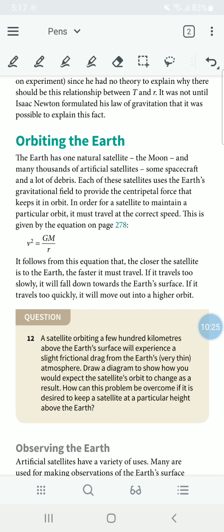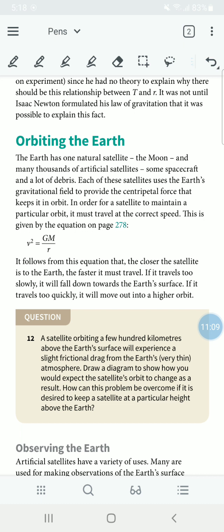For an object to go in orbit around the Earth, it has to maintain the orbital speed given by the equation. Put a comma and write down in next line, v squared equals GM upon r. If the satellite travels too slowly, it will fall towards the Earth.